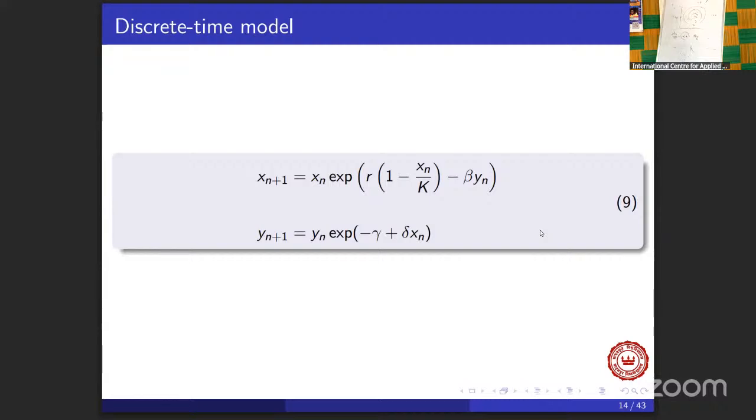See, we have to change this one, x(n+1) as xn times the exponential of this value, equation number 9. Now, we find what will happen.